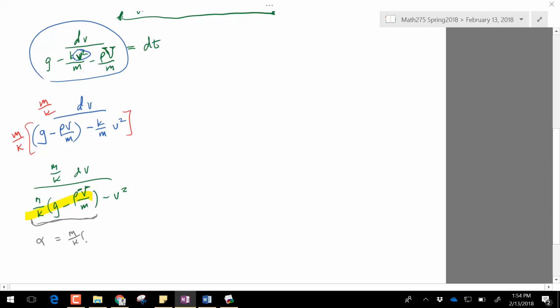M over K times G minus rho V over M. Better yet, maybe we could call it alpha squared, because if we call this whole thing alpha squared, then we have alpha squared minus v squared, which is a nicer thing to deal with. And since it's just a constant anyways, it doesn't matter whether you look at it as being squared or square root or whatever.